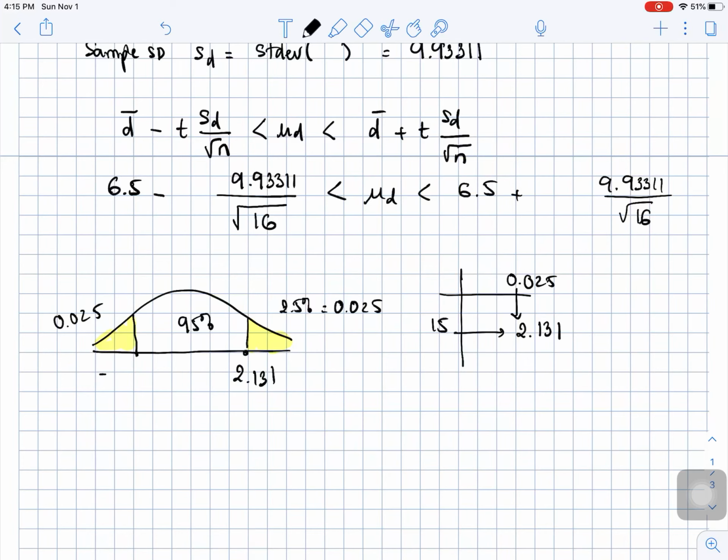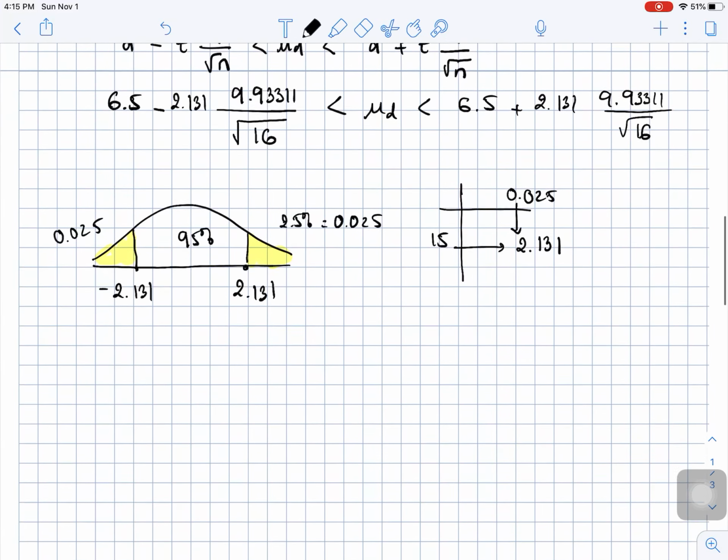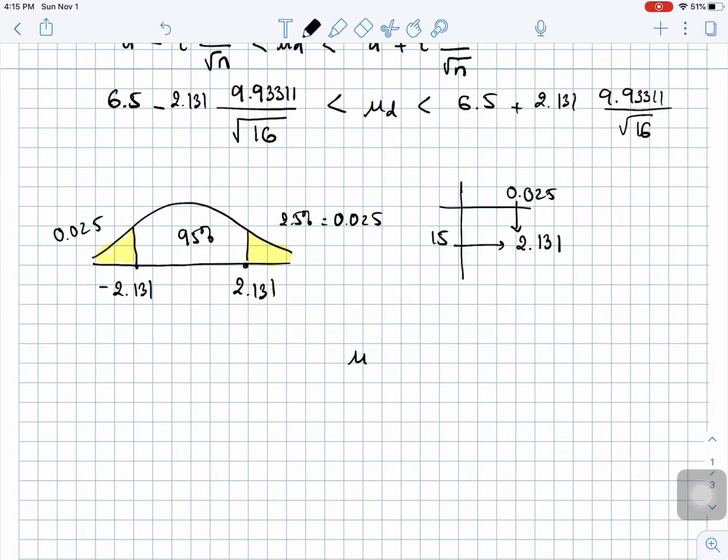To find that, we use the t distribution with the degrees of freedom, 16 minus 1, which is 15, and the right tail, 0.025. We look these up together, and we get the t value of 2.131.